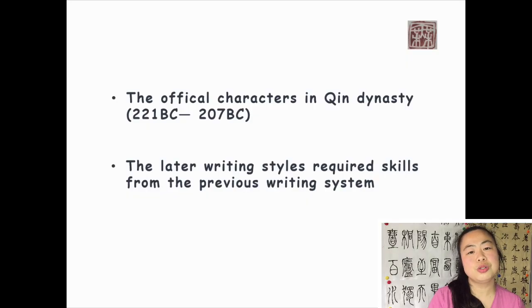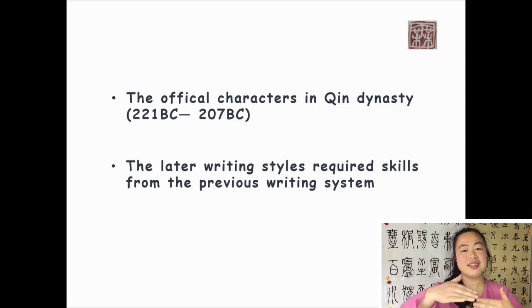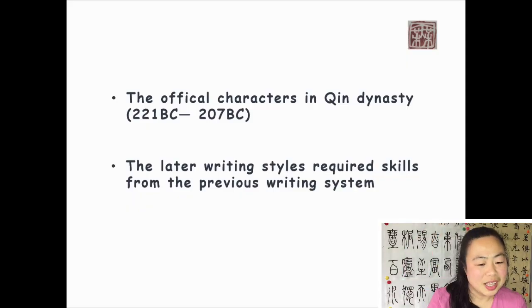Actually, 隶书 was developed from 小篆 and 楷书 developed from 隶书. But they actually appeared nearly at the same time. They don't really follow the timeline, right? Anyway, 小篆 on the writing skills will be a little bit lower, so it will be easier for us to start our calligraphy learning.